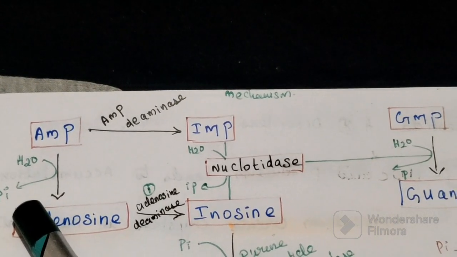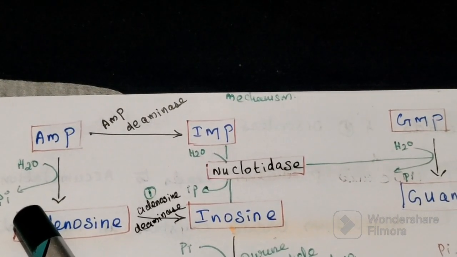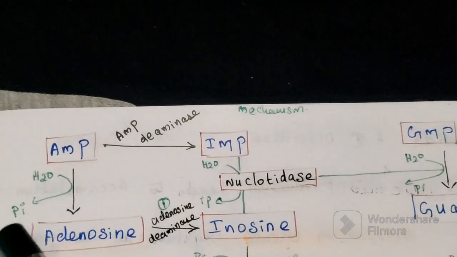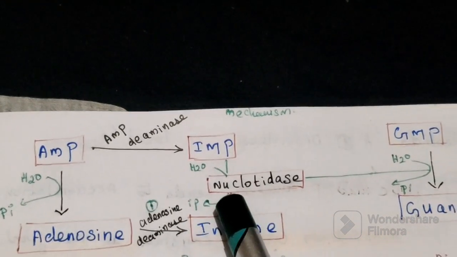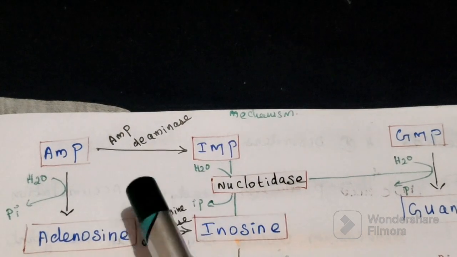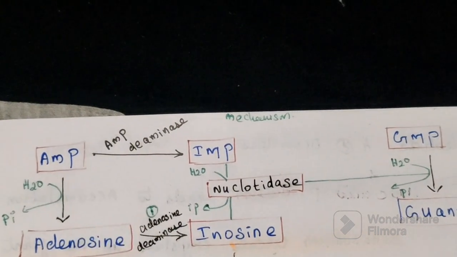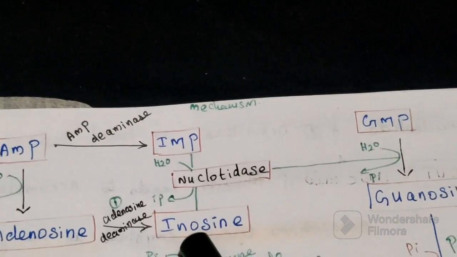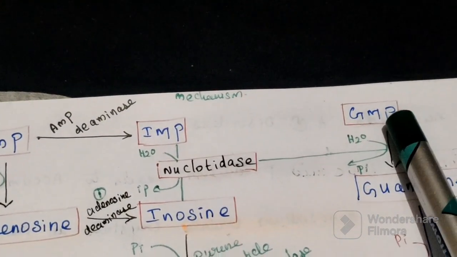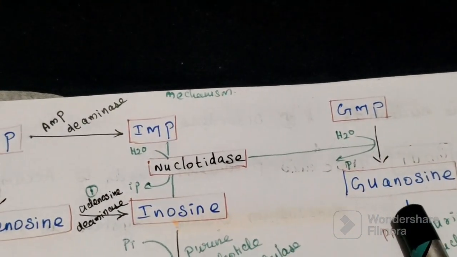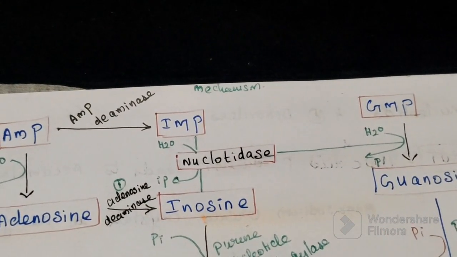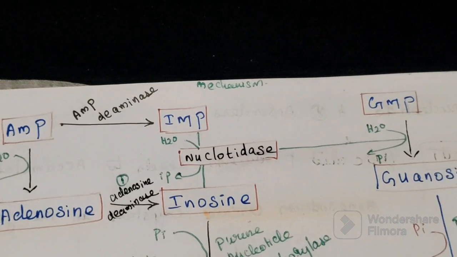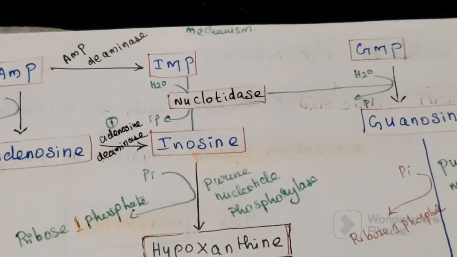AMP is converted into adenosine, IMP into inosine, and GMP into guanosine.